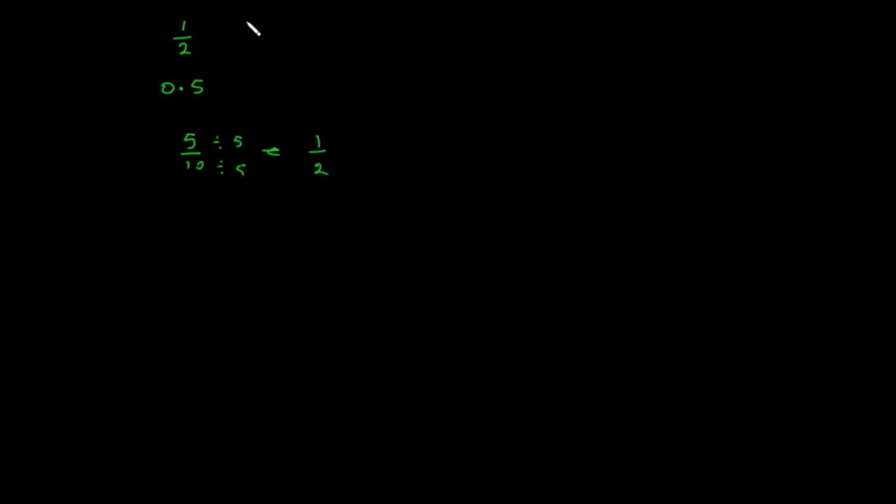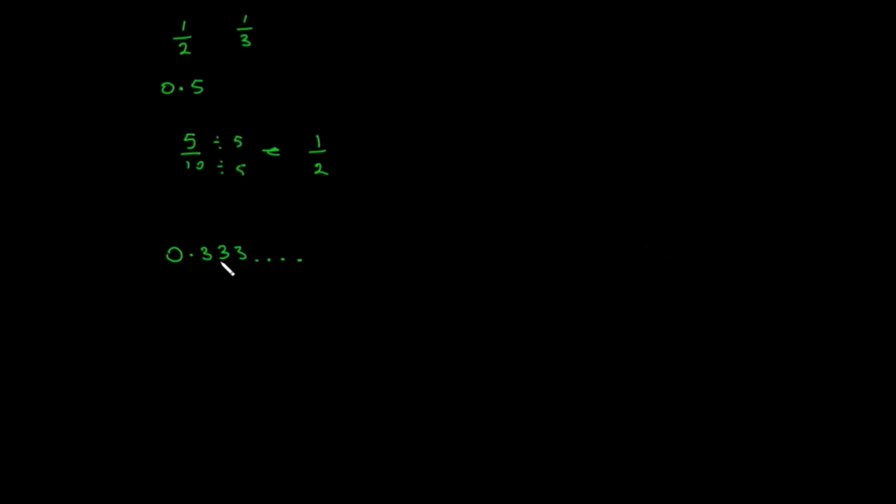The next one you need to know, commit to memory, is a third. Now that little baby here is 0.333, and the 3's go on forever and ever. Normally you round it. Now here's the thing with decimals.